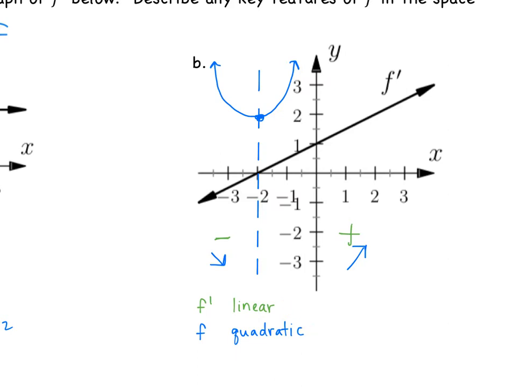Then I made a note: f prime is negative in this section and positive in this section. So on the left, f is going to be decreasing, and on the right, f is going to be increasing. So I put a point somewhere along this vertical line, and since I knew I had a quadratic, I could go ahead and put my parabola in.